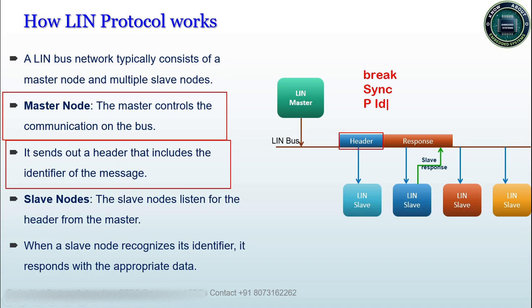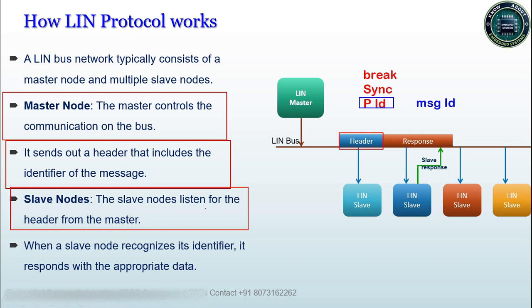PID is nothing but the identifier, or you can understand it as a message ID. So once the master sends a header that includes the identification number, the slave is going to recognize this PID. Once the master sends a header with a message ID, protected ID, what will the slave do?